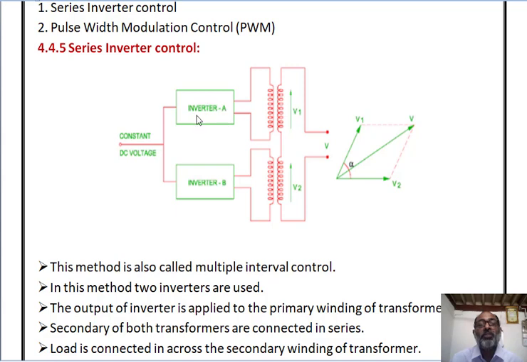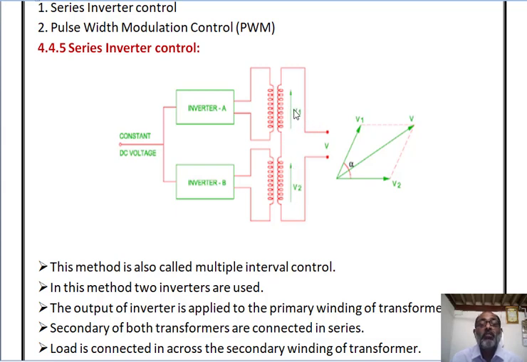The output of inverter A is applied to the primary winding of transformer T1, and the output of inverter B is connected to the primary winding of transformer T2. The secondary windings of both transformers are connected in series.